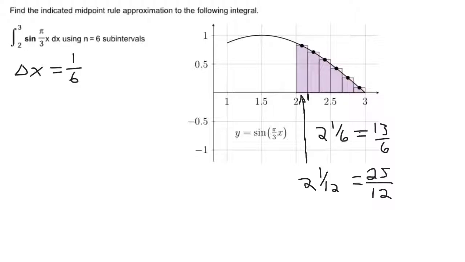That will be the x-coordinate of this first point. So that point will be 25/12 comma f of 25/12. So not the easiest numbers to work with for sure.